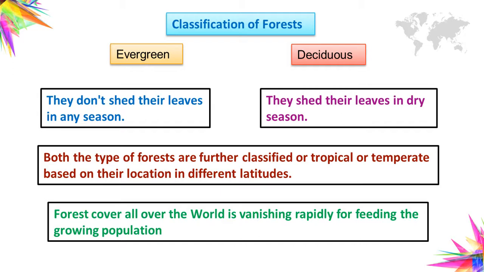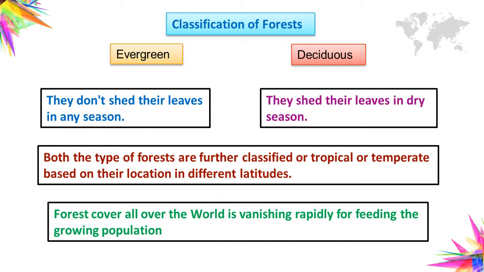Forests are broadly classified as evergreen and deciduous forests. They depend upon the amount of rainfall they receive. For example, evergreen forests receive rainfall throughout the year. That's why they don't shed their leaves in any season because they don't have any dry season. But deciduous forests shed their leaves in the dry season because they do not receive rainfall all through the year.